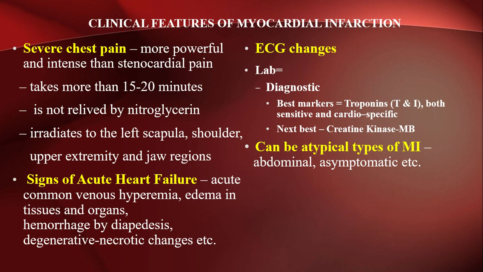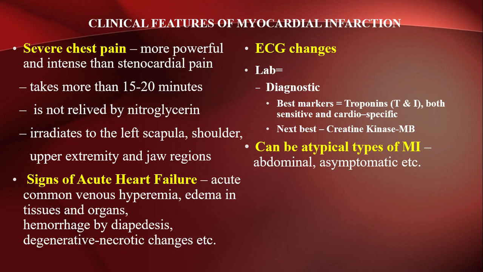Let's discuss some clinical features and the diagnosis of myocardial infarction. Severe chest pain, more powerful and intense than stenocardial pain, takes more than 20 minutes, is not relieved by nitroglycerin, and radiates to the left scapula, shoulder, upper extremity, and jaw regions.